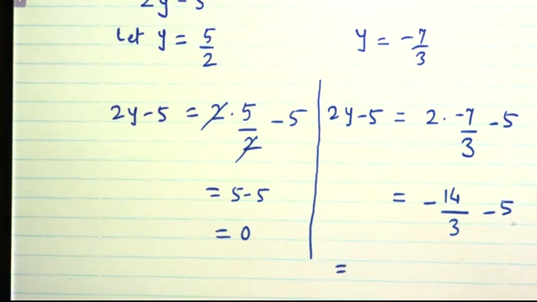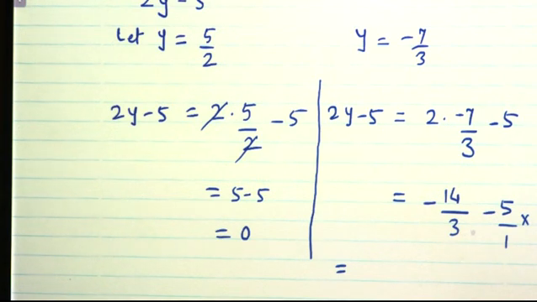The second value, 5, does not have any denominator, so it is 1. We have to take the LCM. The LCM of 3 and 1 is 3, so I have to multiply the second fraction by 3, because the denominator of the first fraction is already 3.